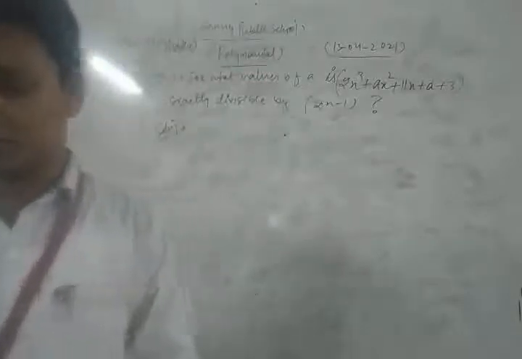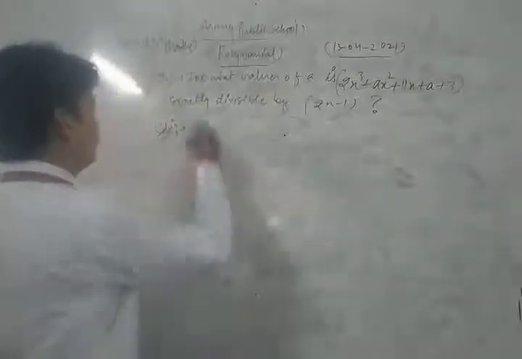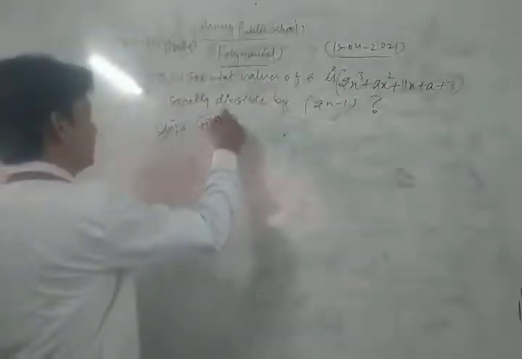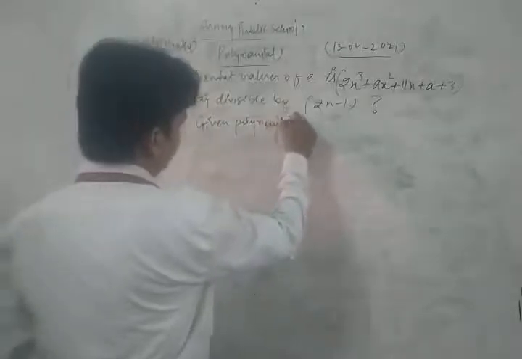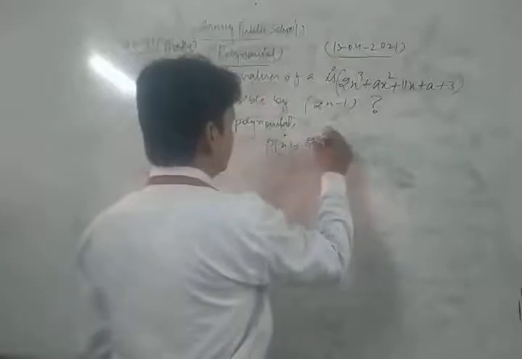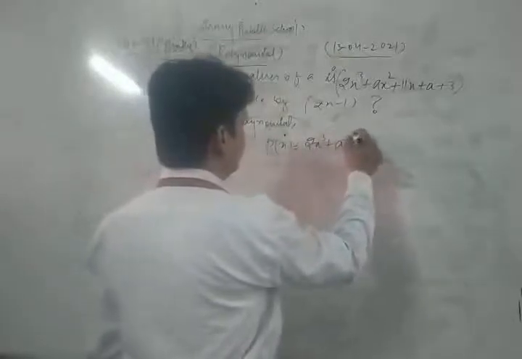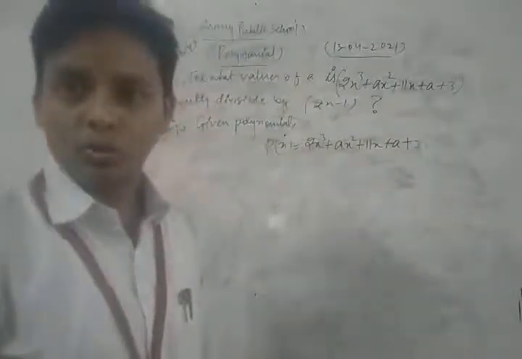Okay, dear student. Now first of all, we write the given polynomial p(x) is equal to 2x cube plus ax square plus 11x plus a plus 3. Okay.